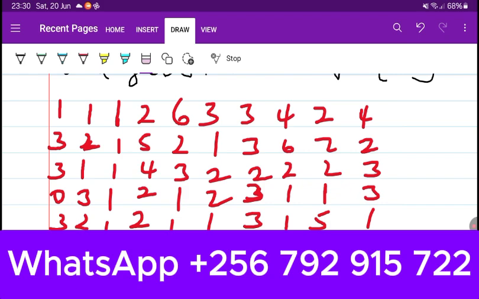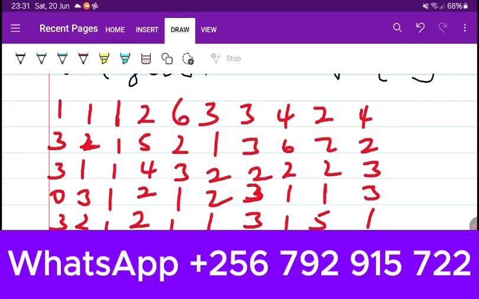So we need now to create the solution. So we get the solution. Of course, this is ungrouped frequency distribution. So we are going to create what we call the ungrouped frequency classes and then the frequency columns.